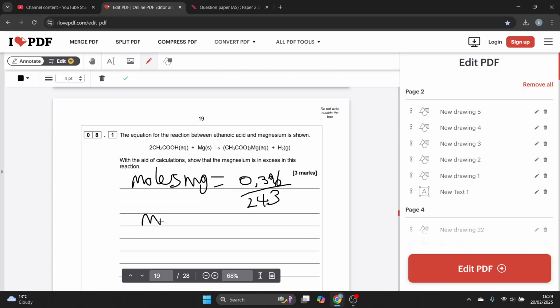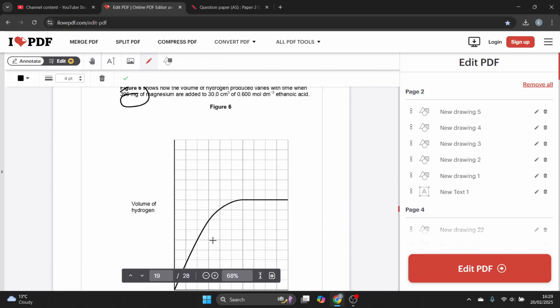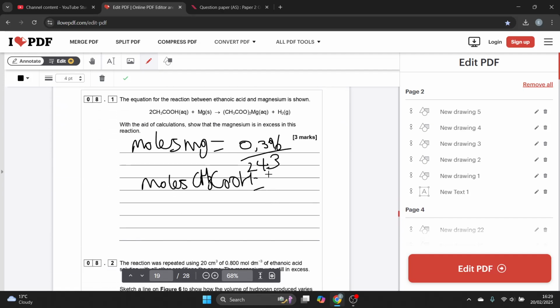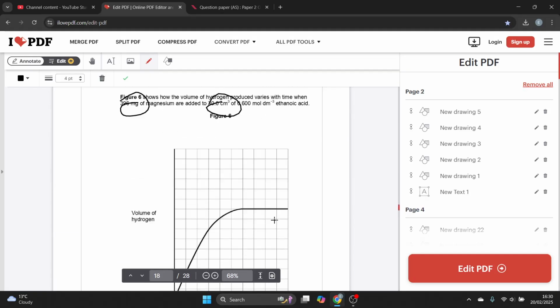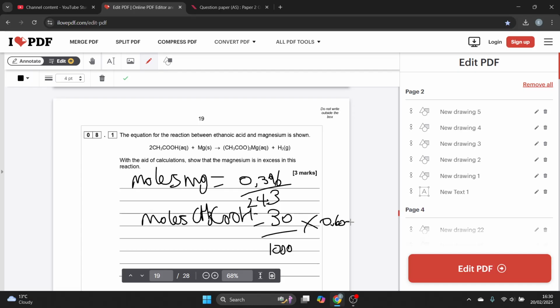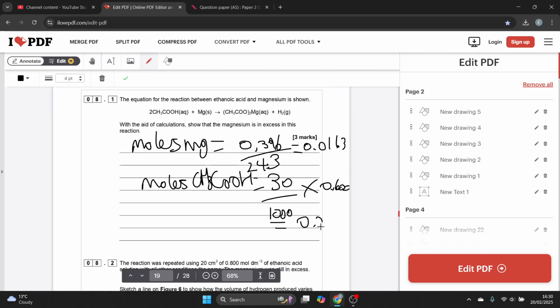And then moles of the ethanoic acid, I'm just going to use concentration times volume: 30 divided by 1,000 times 0.600. Work them out. 0.018 moles.